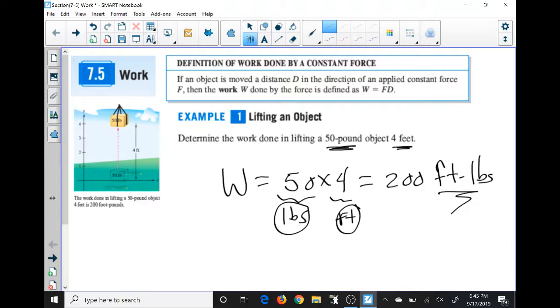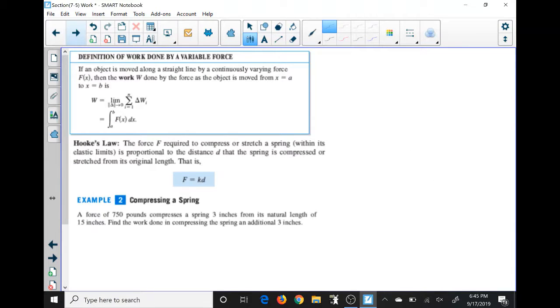plug into. But if we look at an example like Hooke's law, where we have changing forces, that's where calculus is needed. So we have our definition of work done by a variable force.